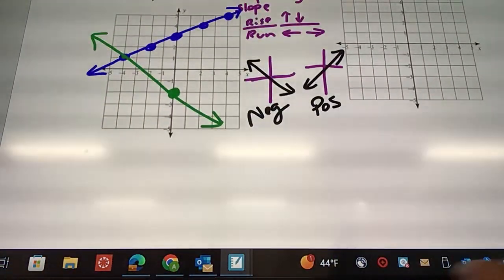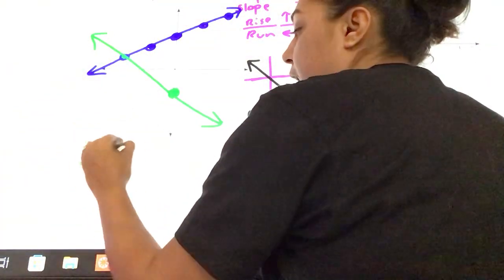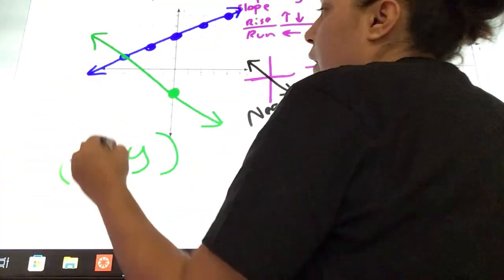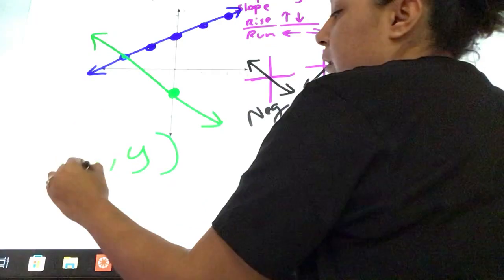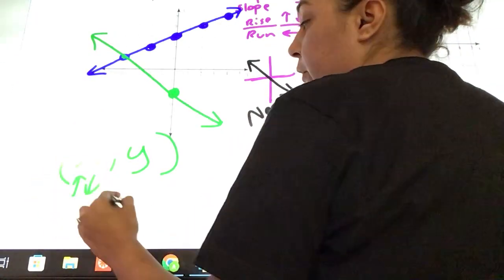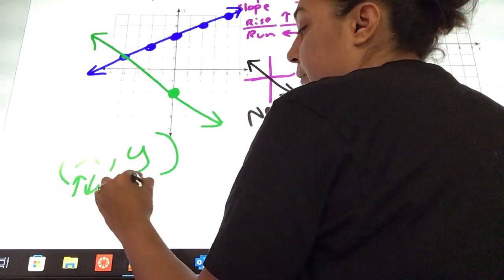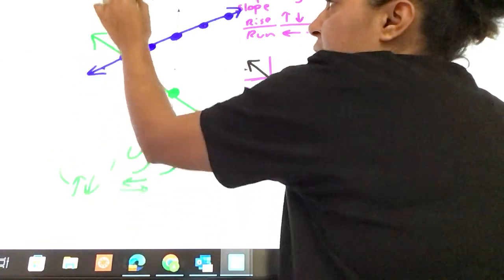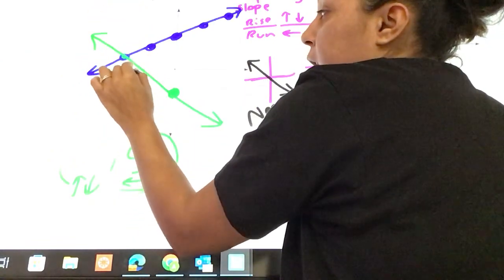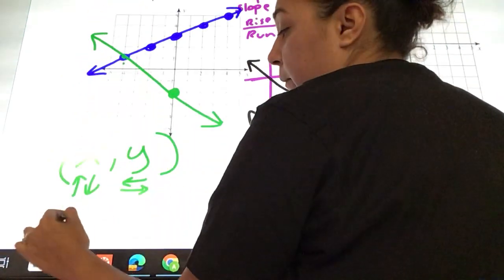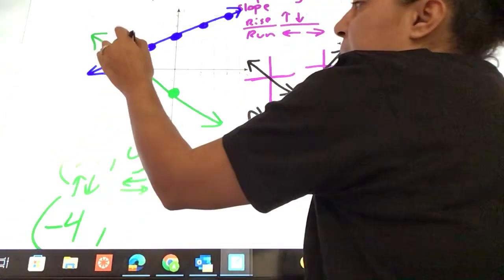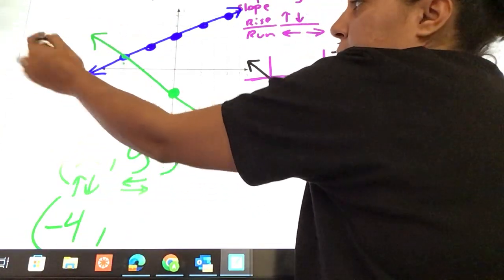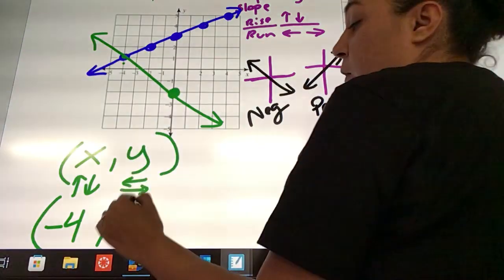Now, when we write these, we're going to go x, comma, y. Well, for my x, we always look either up or down first, and my y is either left or right. So if I look up, there's no numbers. Well, if I look down, I'm at -4. And my y, I either look left and there's no numbers, or I look right and it's at 1.